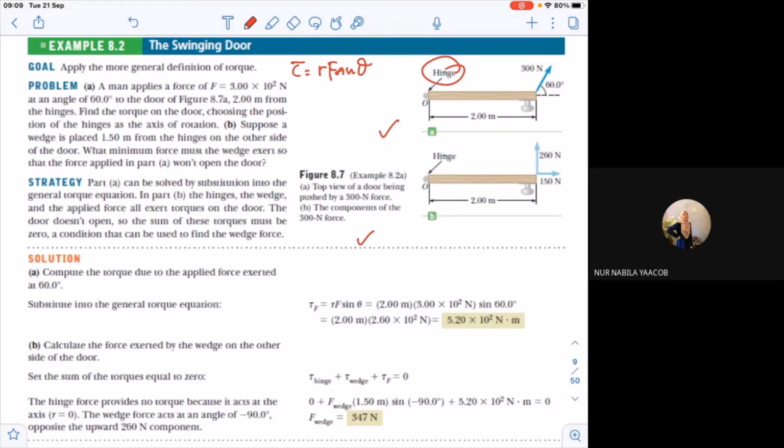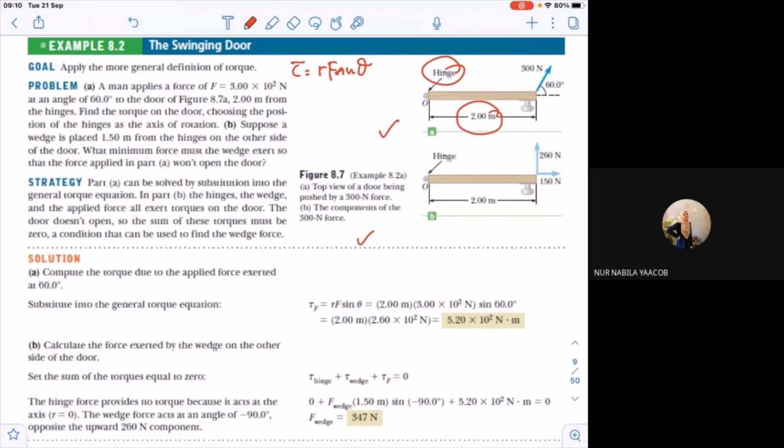Right now the hinge, the edge of the door, will be the axis of rotation. So we can calculate R as 2 meters, because when we want to open or close the door, we use this doorknob. And this man applies 300 Newton at 60 degrees.